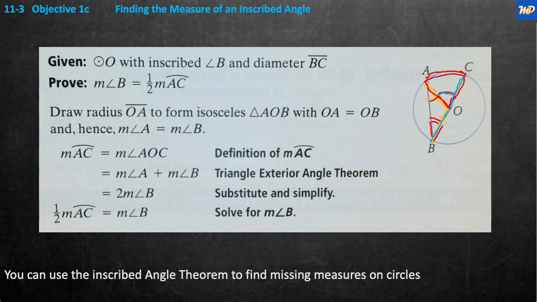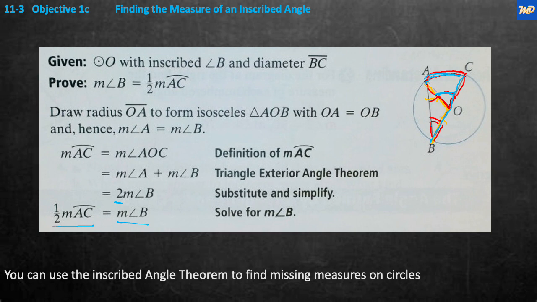And given that, the measure of AC divided by 2 is equal to angle B. And there it is. Angle B intercepts this arc right here, so angle B is half the angle here that also intercepts and forms AC.